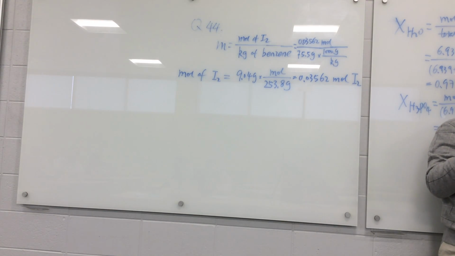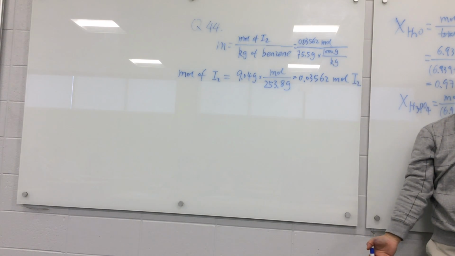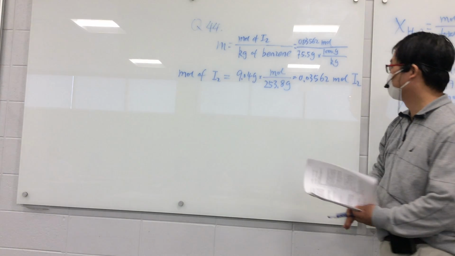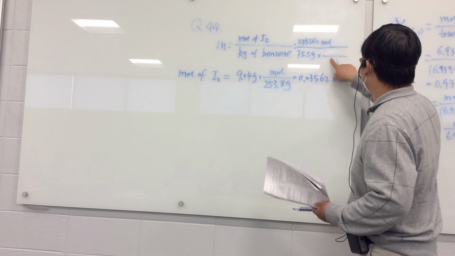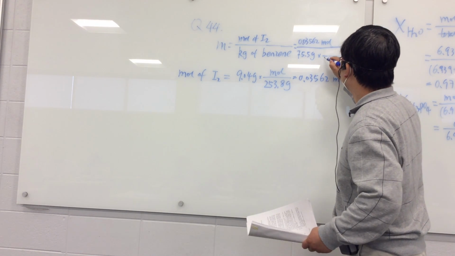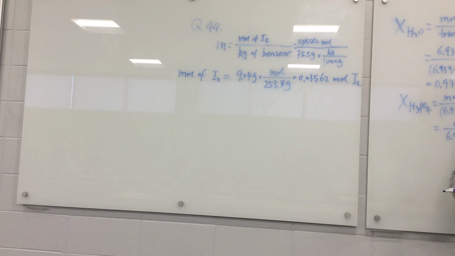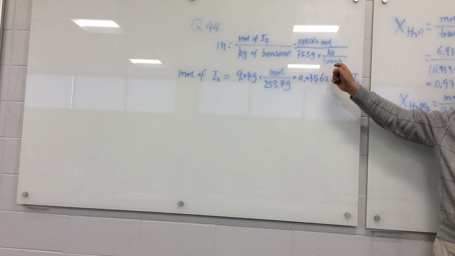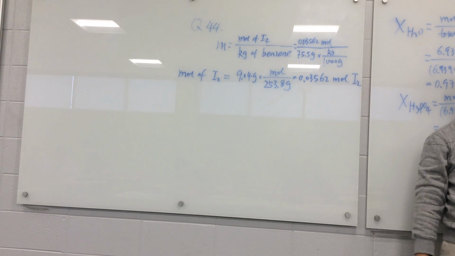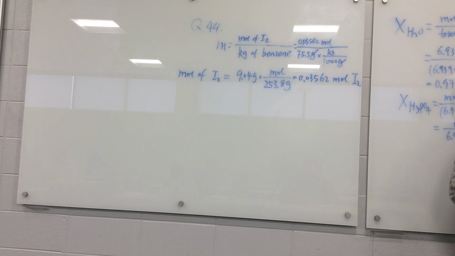We cannot, because we get gram times gram, gram square, and you cannot convert. So here we need to do this: because we want to keep kilogram, we put kilogram up and this 1,000 gram down, so that gram and gram can cancel. Okay, so you see that?